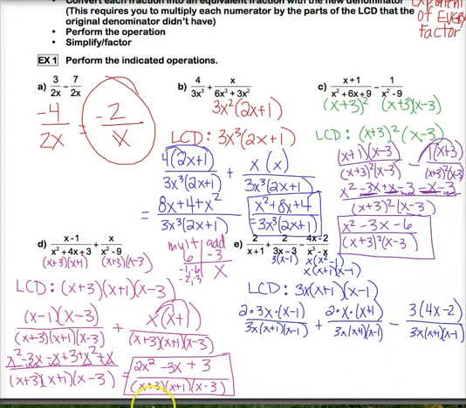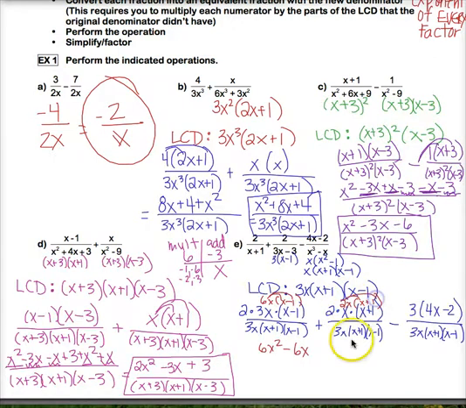All right, so I need to do some multiplying here. Here, this is multi-step multiplying because I need to multiply the 2 times the 3x to get 6x. And then I need to multiply that times the x minus 1. So when I distribute that, that'll give me 6x squared minus 6x. Over here, 2 times x is 2x. And then I need to multiply that by the x plus 1.